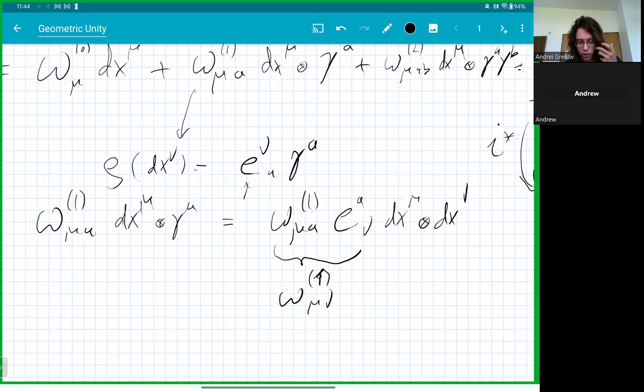Again, it's not even symmetric in mu nu, so we probably need to take the symmetric part by hand. I don't know. It's not clear, and it's not clear why it has anything to do with the metric on x. I guess you're just doing it by definition.